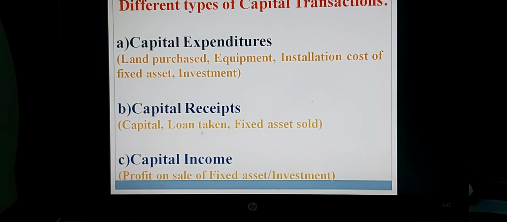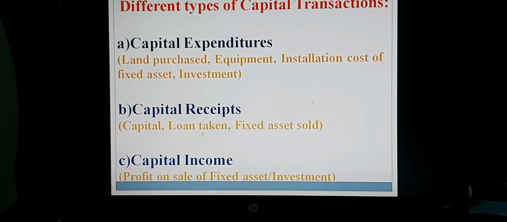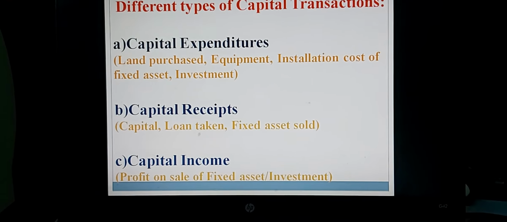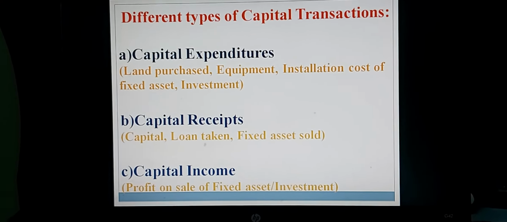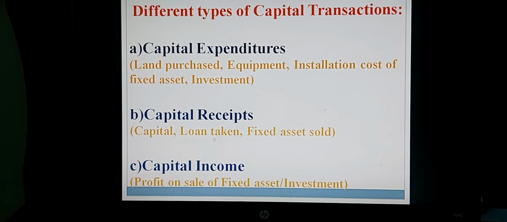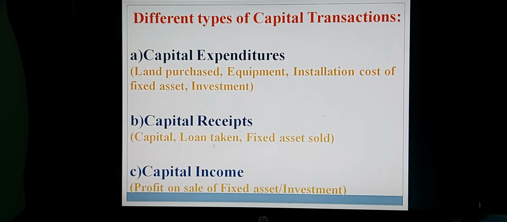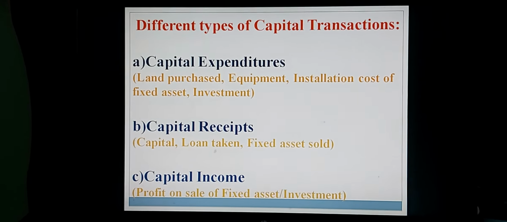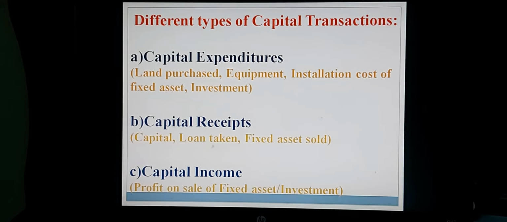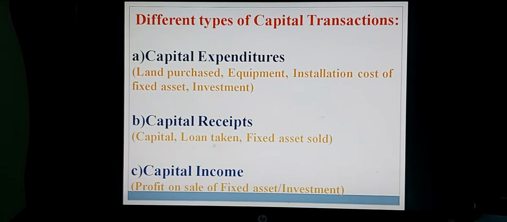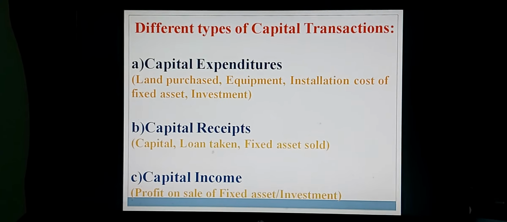You can say the fixed assets and investment related items are related to capital expenditures, such as land purchased, equipment, installation cost of fixed asset, and investment, and other fixed asset.